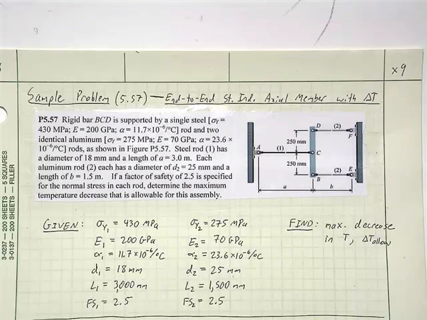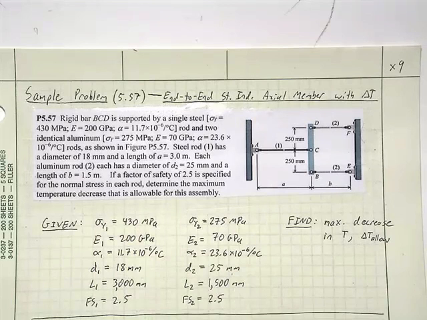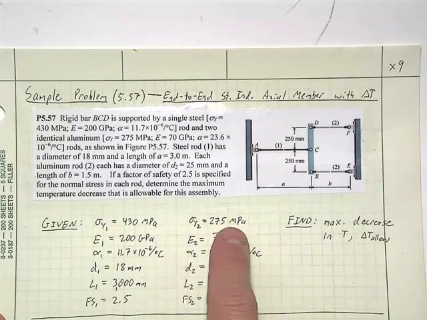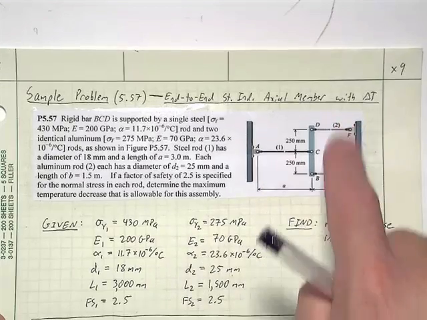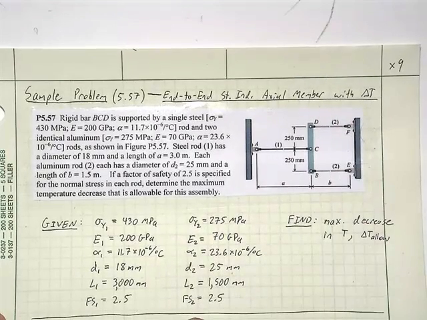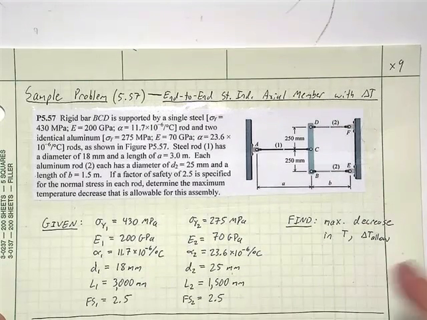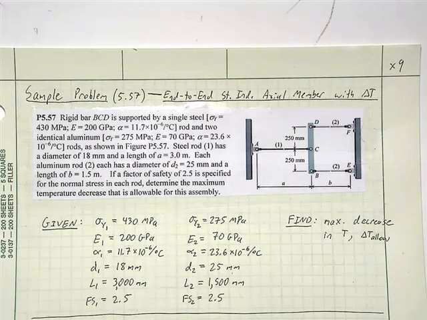Let's see here, we're given, and now in this case, the other complication here is that we're given the yield strengths of the deformable members 1 and 2 and factors of safety. All right, so here we're not given what the temperature change is.